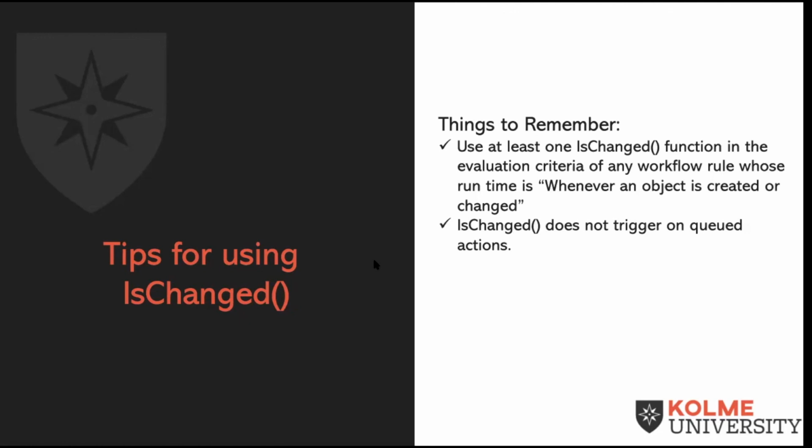The IsChanged functionality would pick up any changes to the task because that change was performed directly by a user, but it would not detect the change to the parent project's due date because that is queued, an indirect action performed by the system. Yep. Key advice. And that's an important one to keep in mind if you were wondering why your IsChanged function might not be picking up a change.